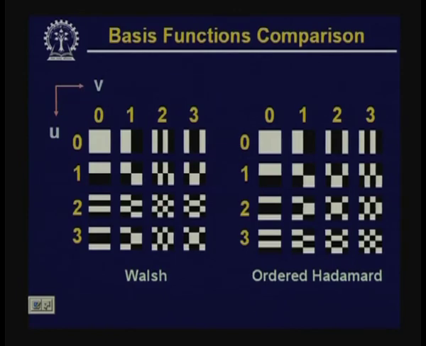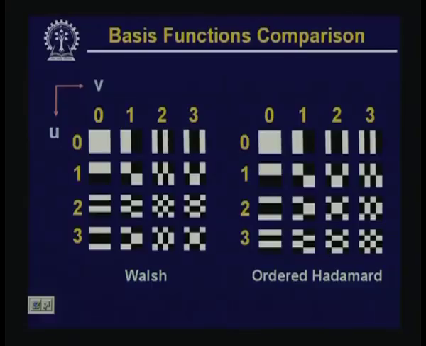Otherwise, they are identical. Because of this, in many cases a term which is used is Walsh-Hadamard transformation, and this term is actually used to mean either Walsh transformation or Hadamard transformation.